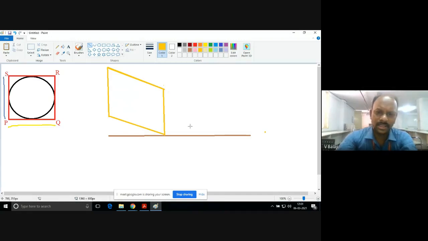Now, how to convert this into an ellipse? You are drawing with the help of the 4 center method. You are drawing the ellipse here.